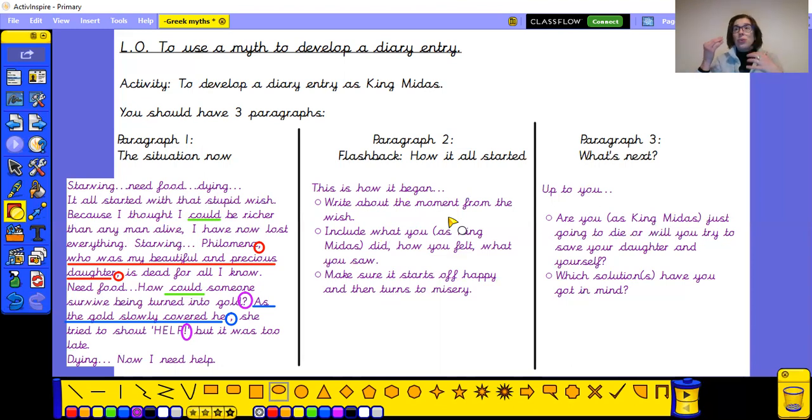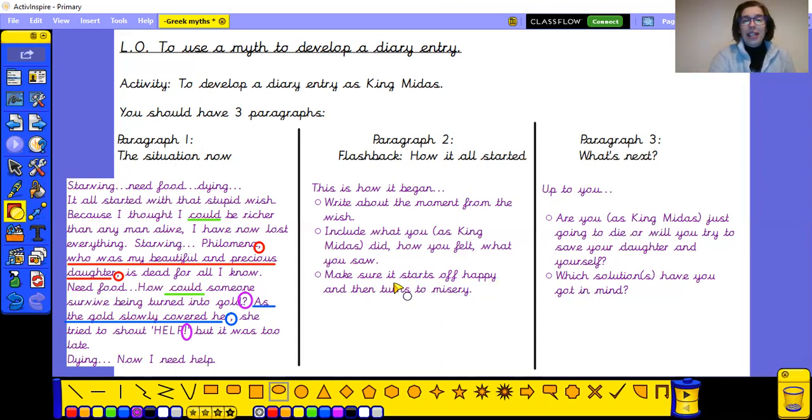Remember why you wished that everything would turn into gold. And remember this moment when you asked the god Dionysus to turn everything you touch into gold. Include what you, remember your King Midas, did, how you felt, what you saw, like the first moment: oh, wow, great, I'm so powerful, I can change everything into gold.